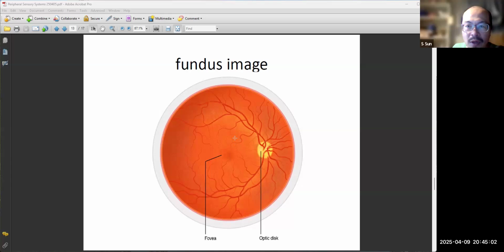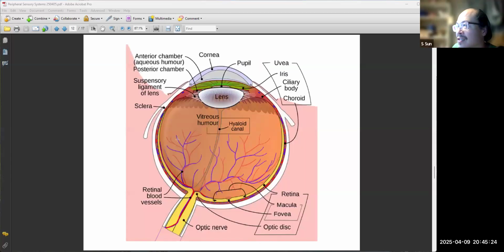This is to detect your retina. So I just want to give you the orientation. So what do we see here? We see the retina is all over the entire fundus image except this region. This one is called the optic disc. This region is the merge of your optic nerve. All your nerves come down here and merge to form the optic nerve.